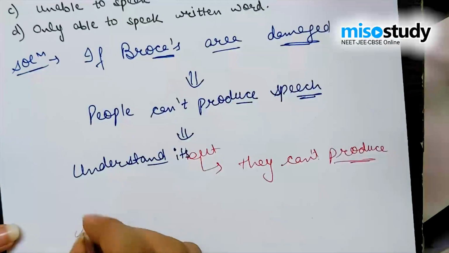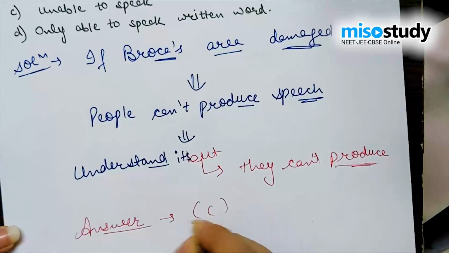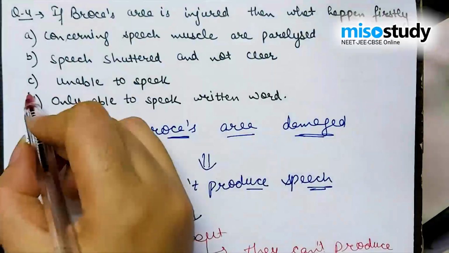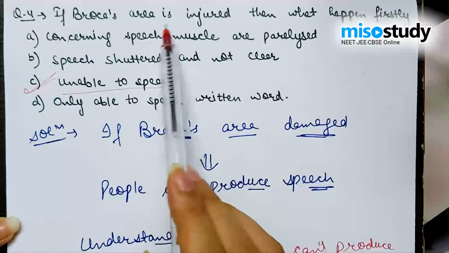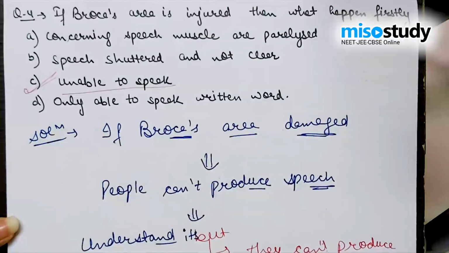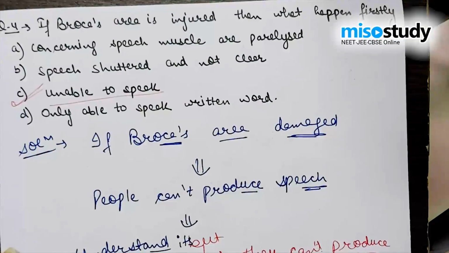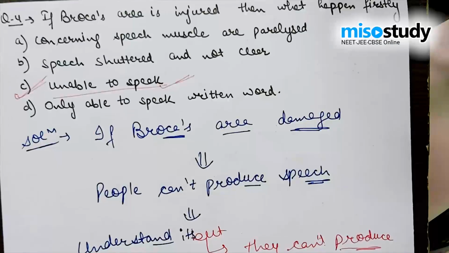So according to the discussion, the right answer for the question is option C. Let's mark the right option, that is unable to speak, because if Broca's area is damaged, people are able to listen and understand, but can't speak. So option C is the right one in this case.